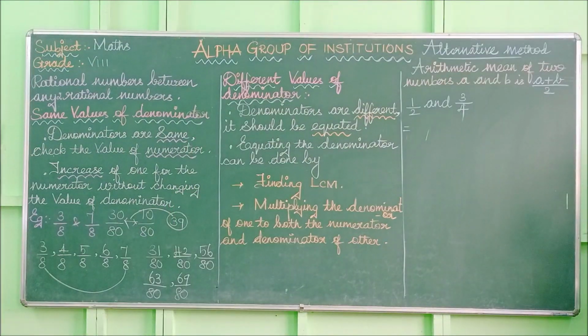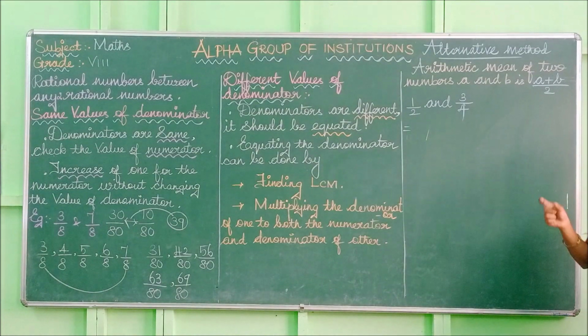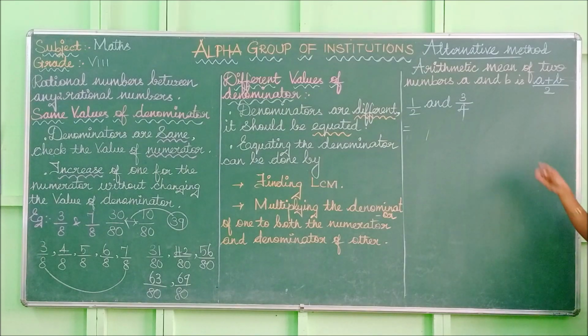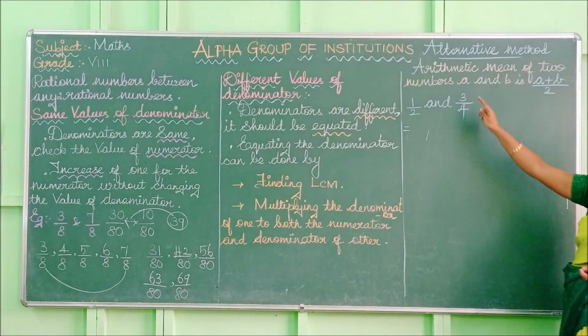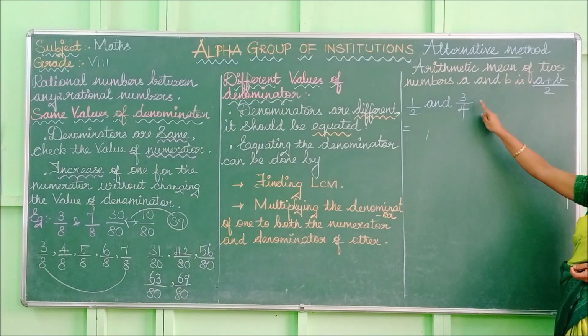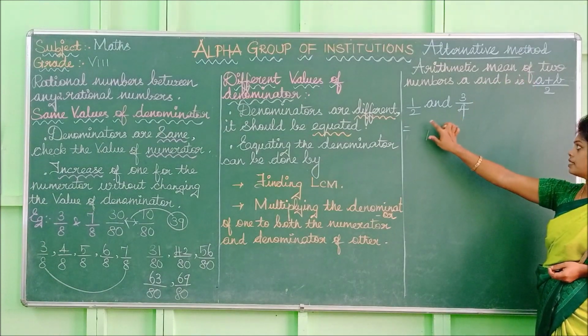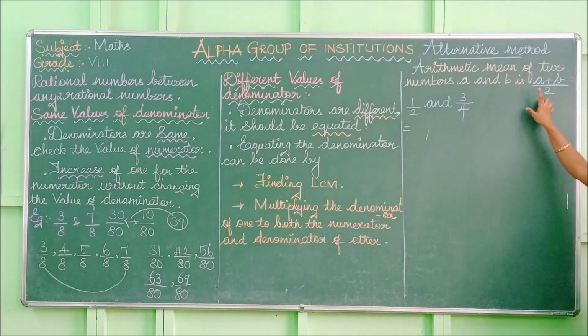Okay. Alternative method of finding a rational number between any two rational numbers. First we found the same value of denominator and next different values of denominator. Using that we can find the values, or else the alternative method is the arithmetic mean of two numbers A and B. The formula is A plus B divided by 2.